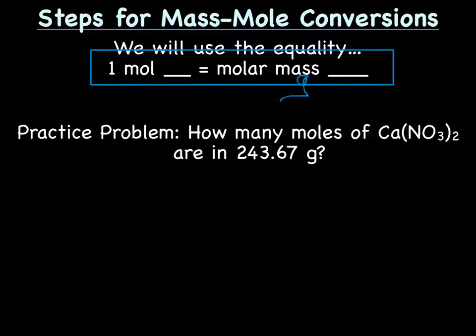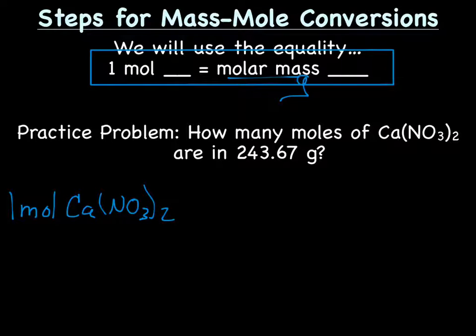So that's the equality we're going to use. So we'll have 1 mole of specifically Ca(NO3)2, and what we need to figure out is the molar mass of Ca(NO3)2.